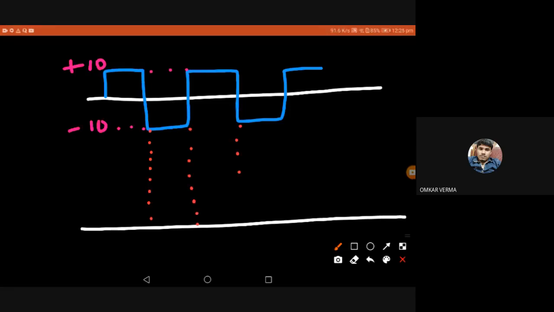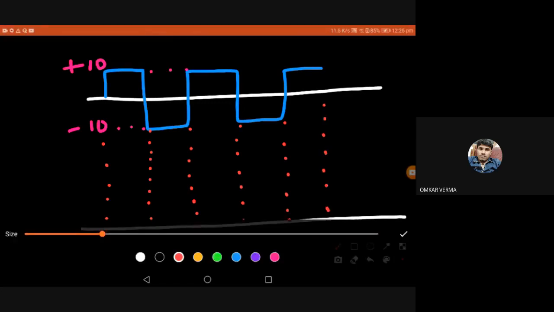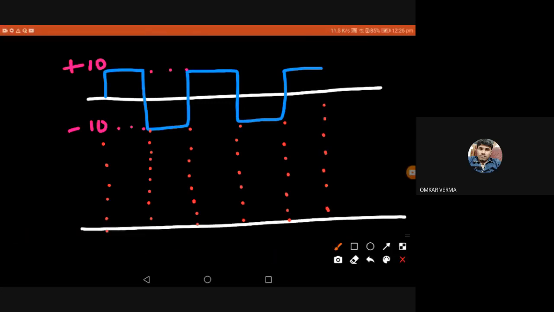I got plus 4, right? Okay, plus 4. And in the positive cycle, I got plus 24. So the output is like this.